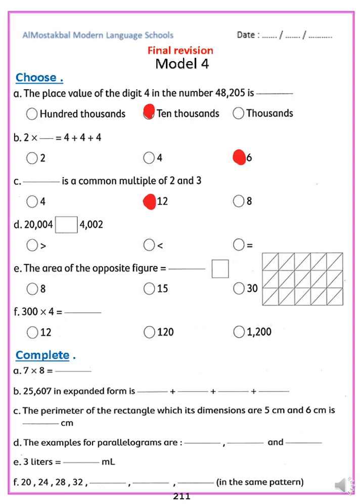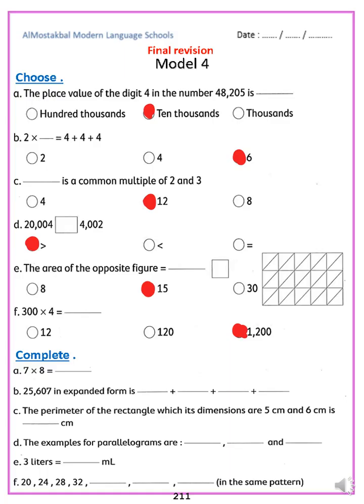20,004 or 4,002. Which one is bigger? 20,004 is bigger than 4,002. The area of the opposite figure. 300 by 4 equals 1,200.